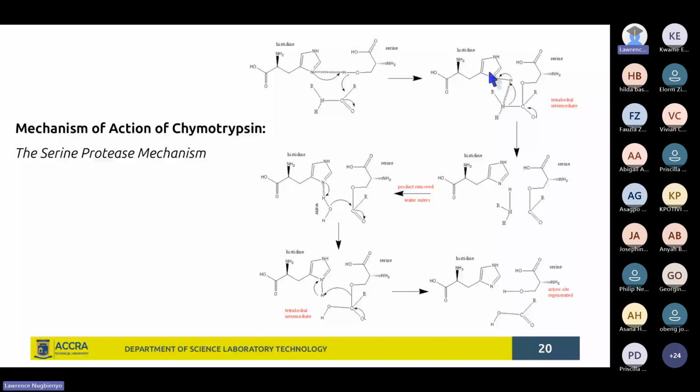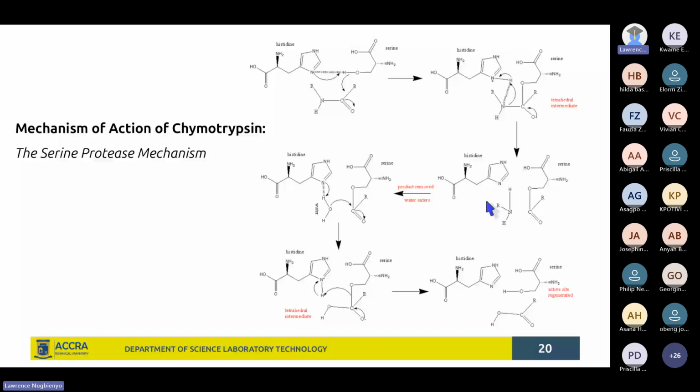And eventually, you notice that the hydrogen, which had been transferred onto the imidazole ring, is now bonded on the nitrogen, which was the N terminus of one of the amino acids. So clearly, this amino acid has been broken off completely, because you have the NH2 and then R over there, the rest of the chain of that amino acid.